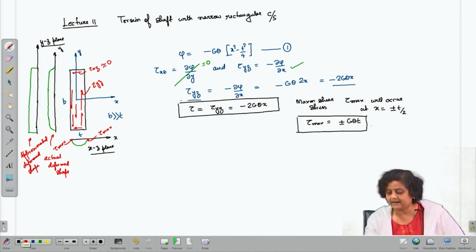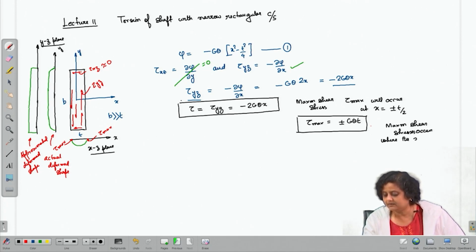So, we can say that maximum shear stresses occur where the membrane has maximum slope.